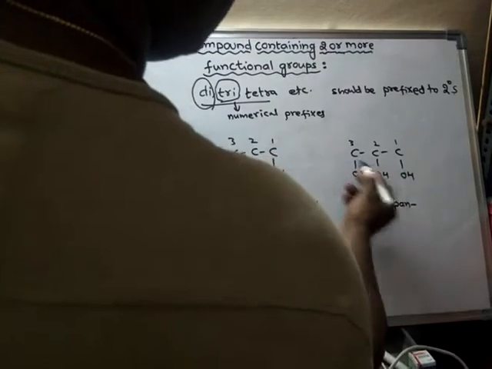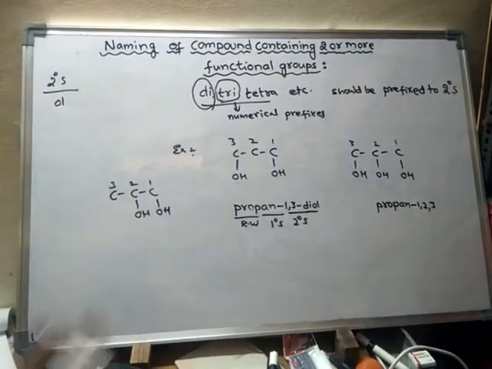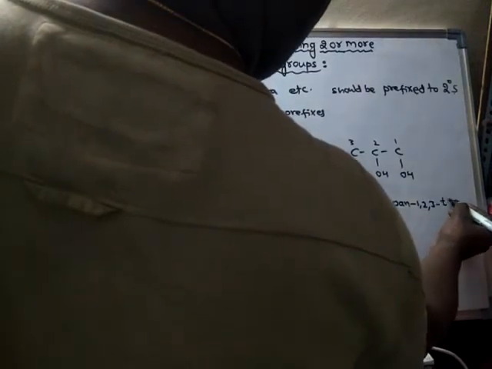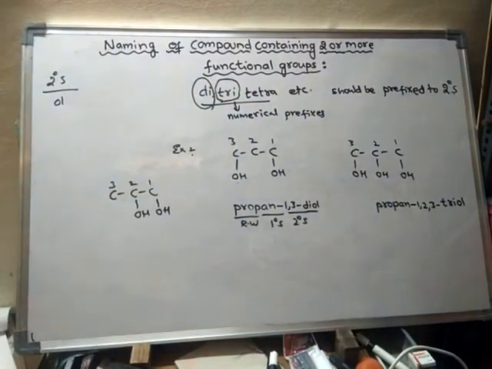On which carbons? On the first, second, and third carbon, one OH group each is present. 1, 2, 3, triol. Propan-1,2,3-triol. That is the name of this compound.